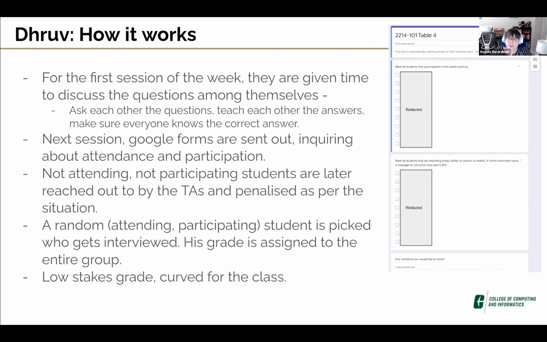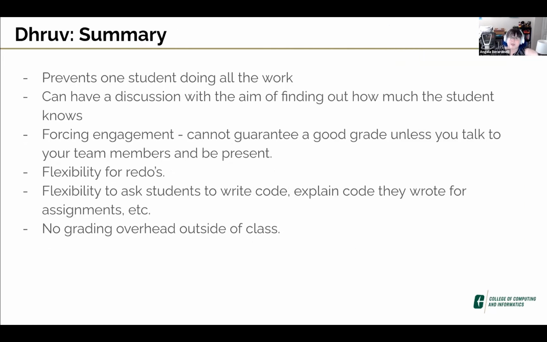Then the student who is interviewed for whatever one or two questions Dhruv asks, that's the grade that goes to the entire group. He does do some curving, and they are low stakes grades anyway. If one student is completely stumped, he'll just ask a second student at the table. He gives them 2 or 3 attempts so as not to bomb the entire group with one student.